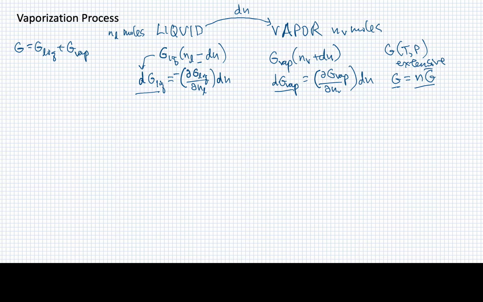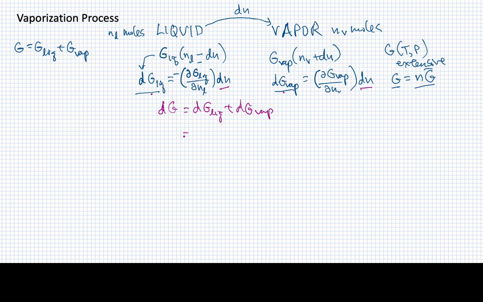Now, what will this give me in the end? I want to find the change in the Gibbs energy for the whole system. It's going to have a liquid component and a vapor component, so I can write this as dG liquid plus dG vapor. I can now substitute these things in. They both multiply this same increment, because any moles that are lost by the liquid are gained by the vapor.